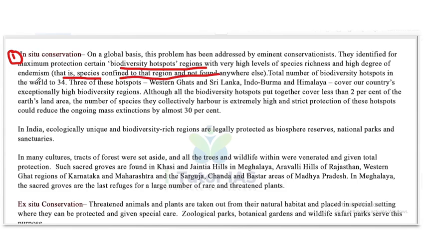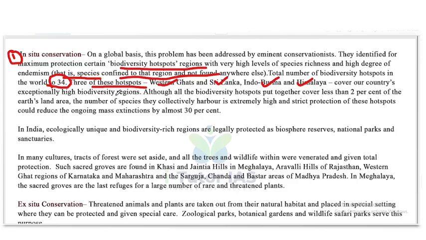So an endemic species is a species that is confined to that region and is not found anywhere else. The total number of biodiversity hotspots in the world is 34. Three of these hotspots, Western Ghats and Sri Lanka, Indo-Burma and Himalaya, cover our country's exceptionally high biodiversity regions.